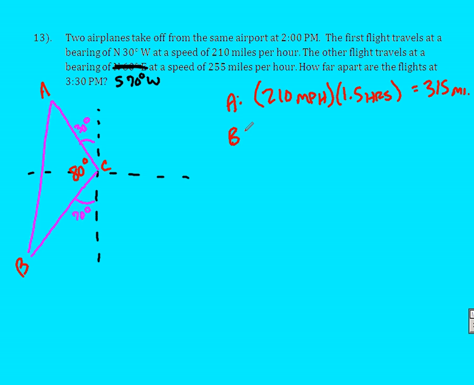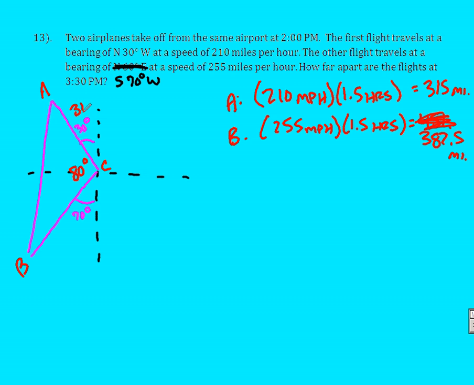Same with plane B, he'll be going 255 miles per hour, also going for an hour and a half. So he's gone for a total of 451. Oh, I'm sorry, I'm ahead of myself again. 382.5 miles.